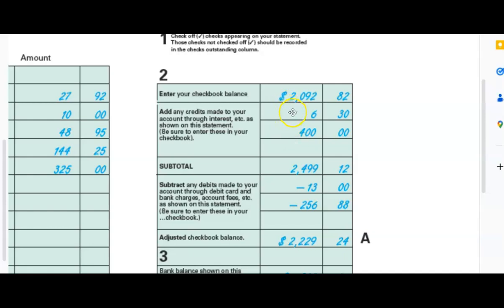That would be added to your checkbook balance. In this case, let's say for example, we have $6.30 in interest that we earned in our checking account, and also $400 that we earned as an EFT transfer. We would then subtotal them, adding the $6.30 and the $400 to our initial checkbook balance.